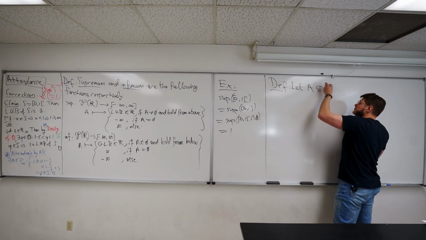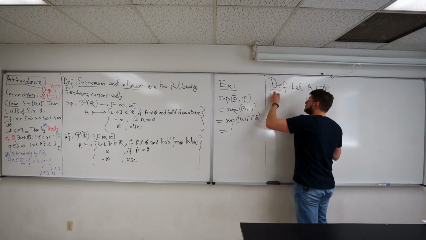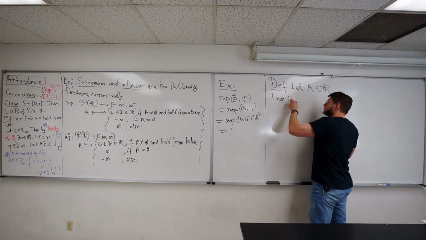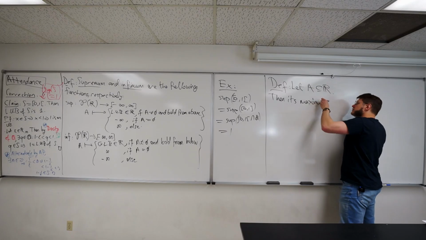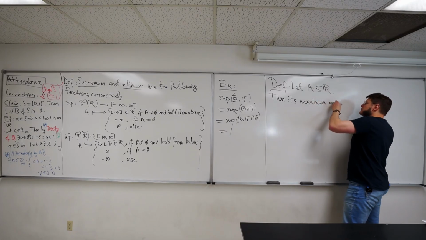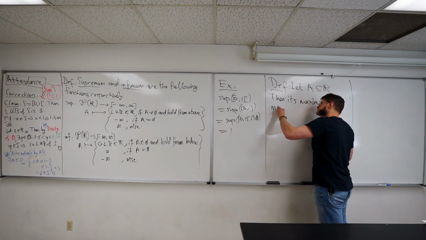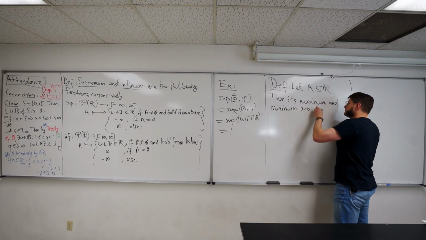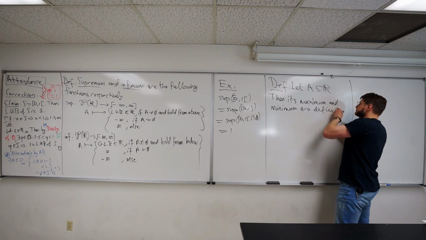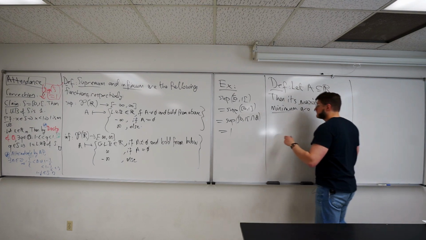Let A be a subset. Then its maximum and minimum are defined respectively by the following.